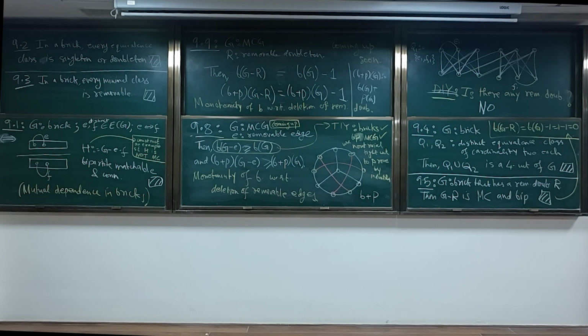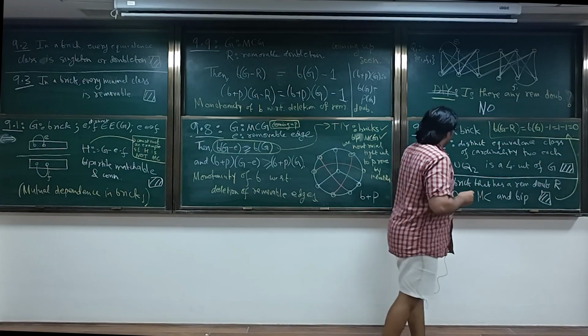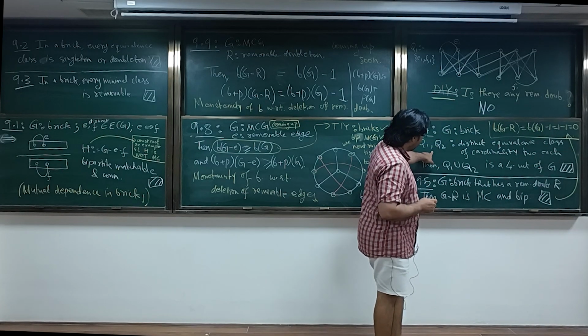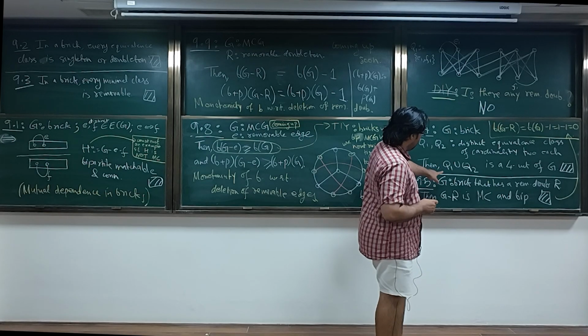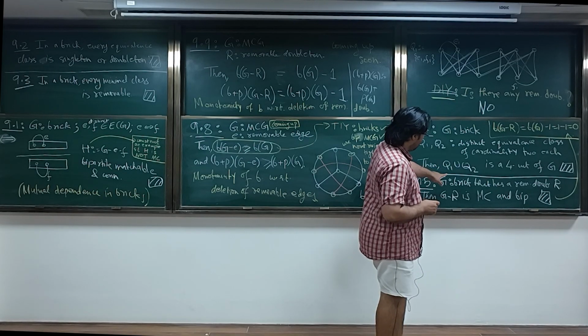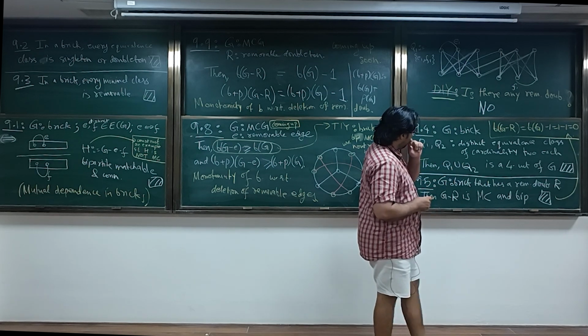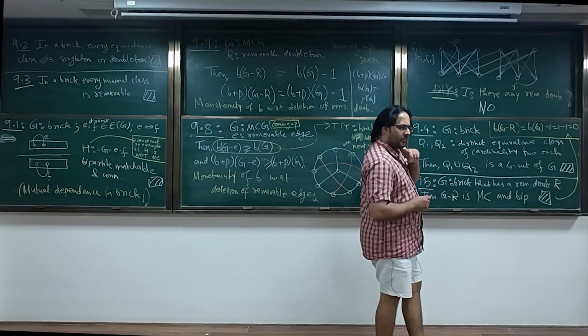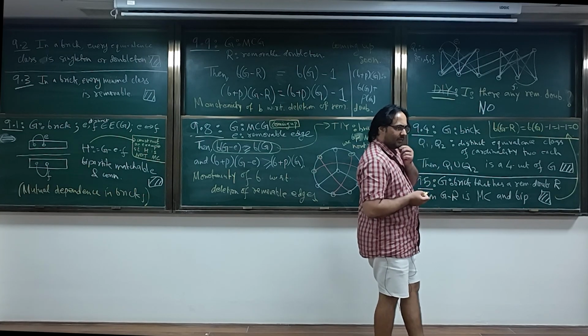Stuff like that. 9.4 implies that if there are at least 2 minimal classes, one of them has to be a removable edge. Both can't be doubletons. That's not true, right? Prism has 2 removable doubletons, 3 removable doubletons actually.